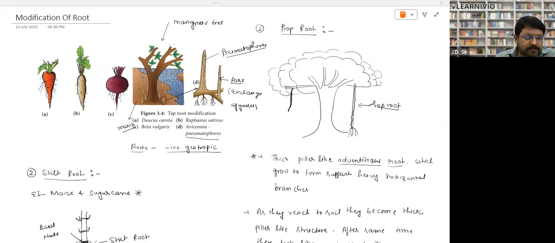The anatomy of prop root matches with the anatomy of root, anatomy of stem, anatomy of monocot root, or none of the above. That kind of question. There are four options.